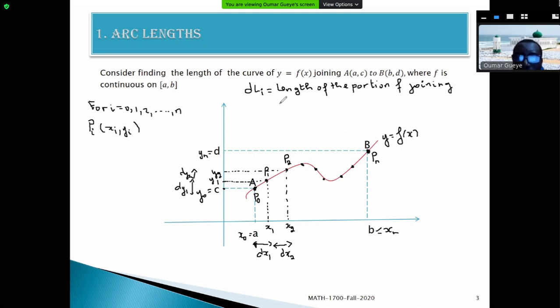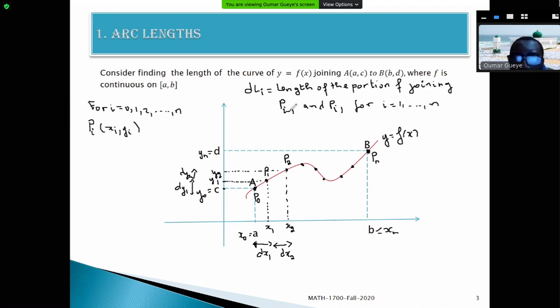So joining these 2 points, because I already know my pi minus 1 and the point pi. Just keep in mind, pi and pi minus 1 are 2 consecutive points. And this is for all i from 1 to n.